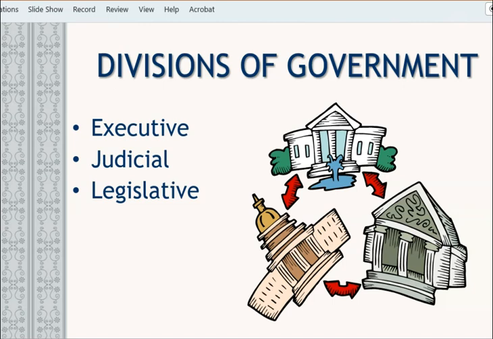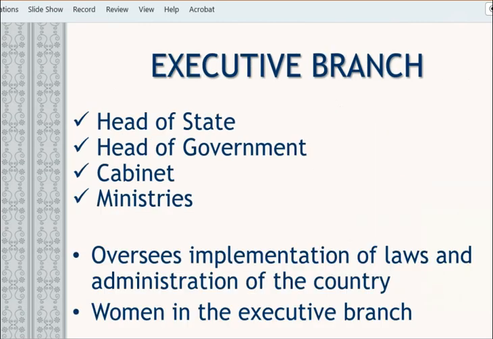Now, again, when we talk about the different divisions of government, of course, we operate under three branches, as do most political systems. They have an executive branch, meaning they have a presidential or parliamentary system. They have a judicial branch, and they have a legislative branch. And within the framework, usually there are checks and balances to make sure that no one branch can have overwhelming power over the other branches.